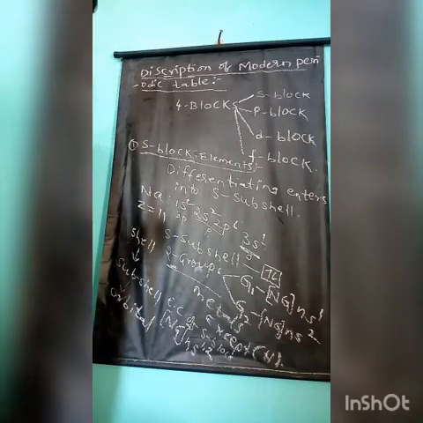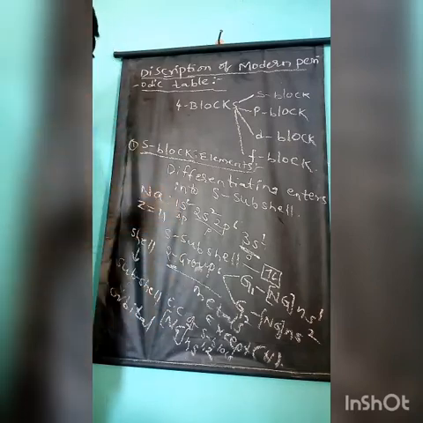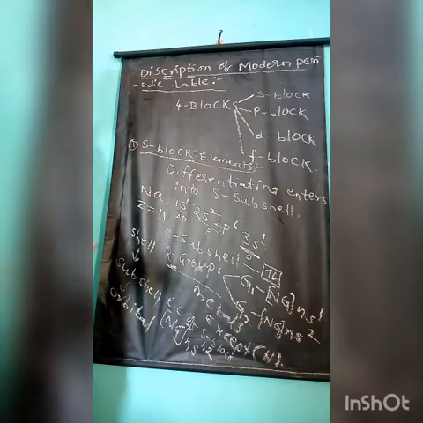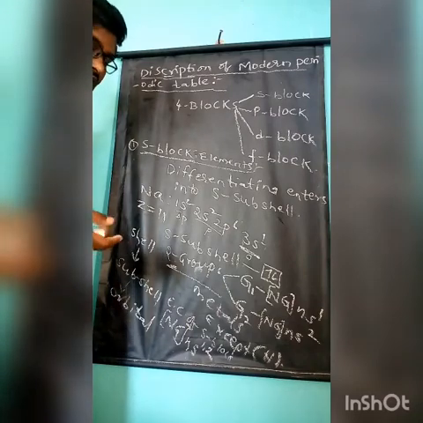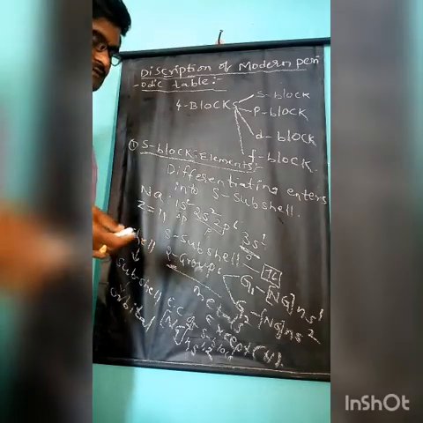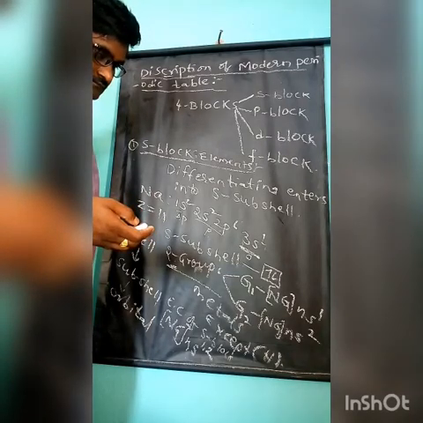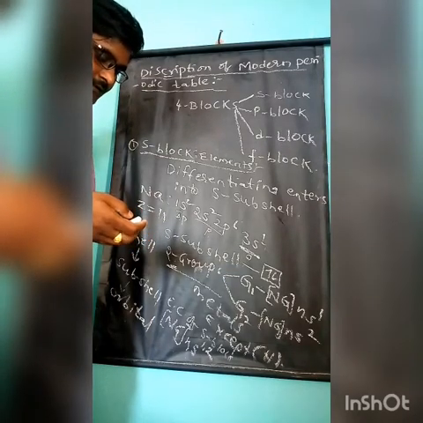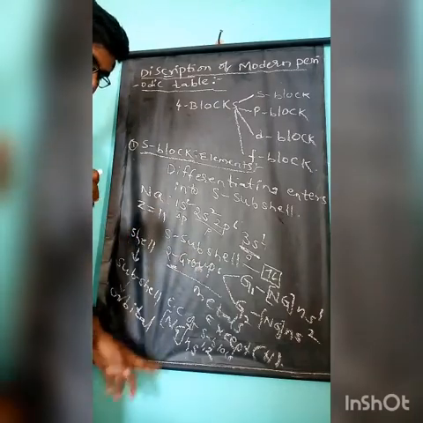Write down the next point. The s block contains two groups, that is group 1 and group 2. Next point.